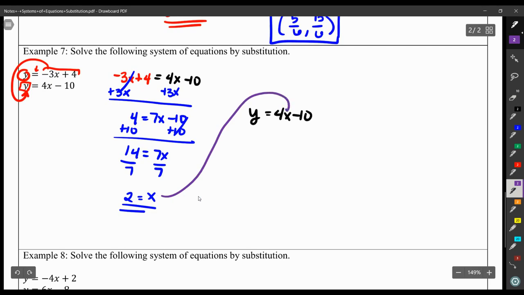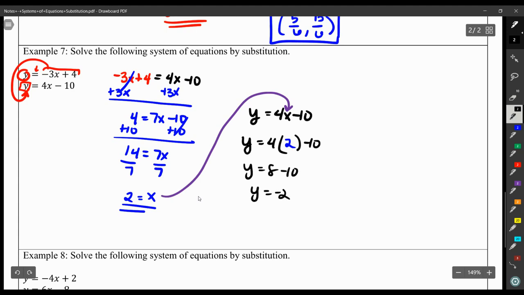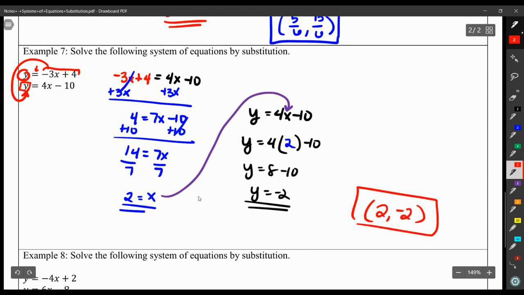So we have y equals 4 times 2, which is what x is, minus 10. Well, 4 times 2 makes 8, and 8 minus 10 makes negative 2. So the solution as a coordinate point is an x value of 2 and a y value of negative 2.